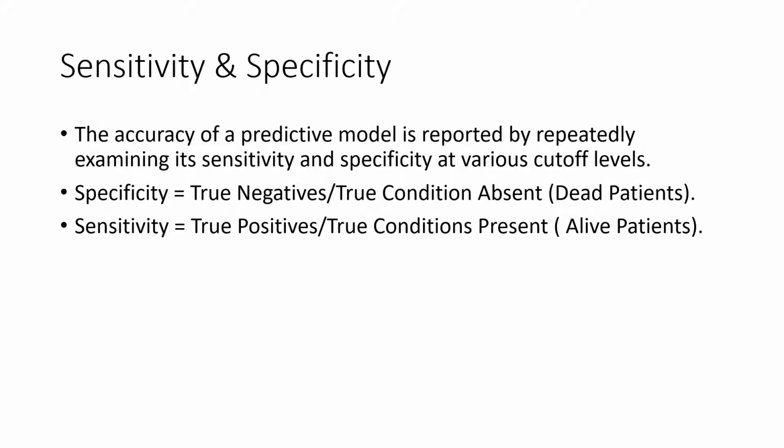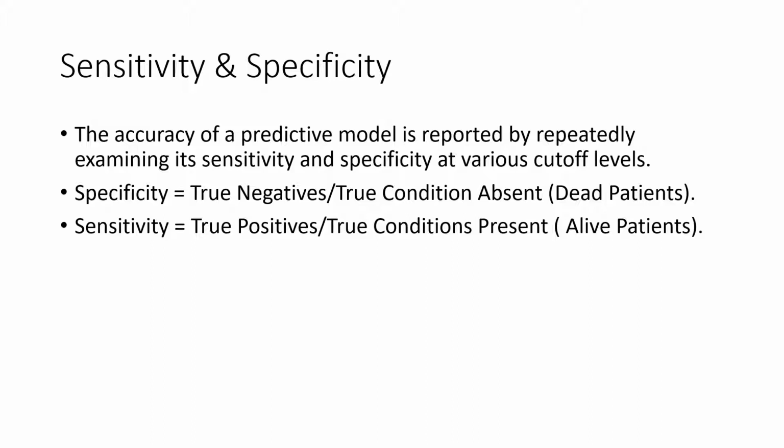Sensitivity is the ability of a test to correctly identify people who have a disease, the true positive rate. Whereas specificity is the ability of a test to correctly identify patients who do not have the disease, the true negative rate.